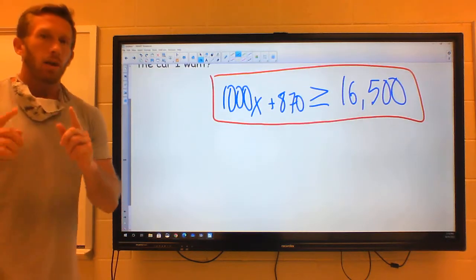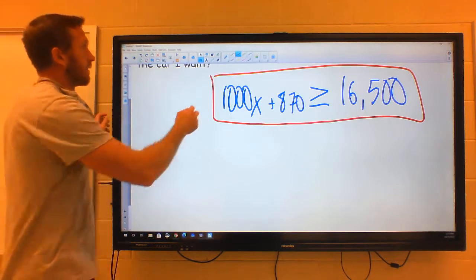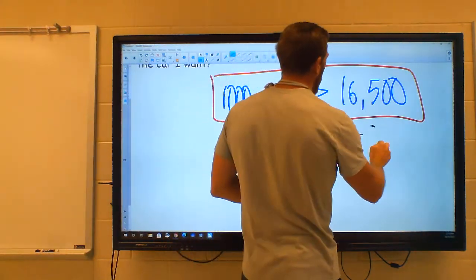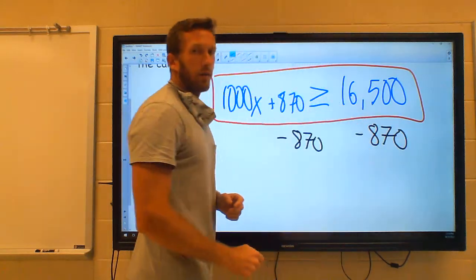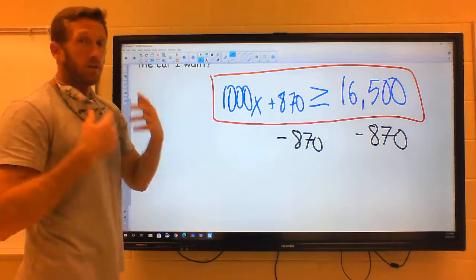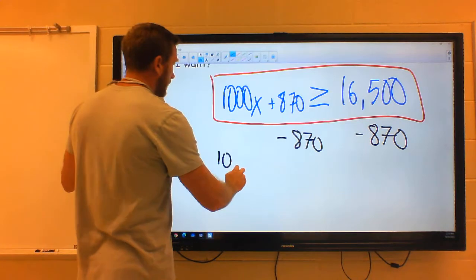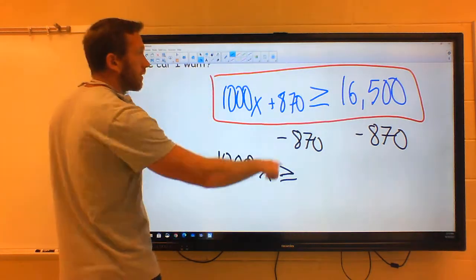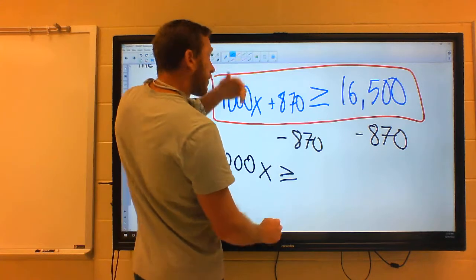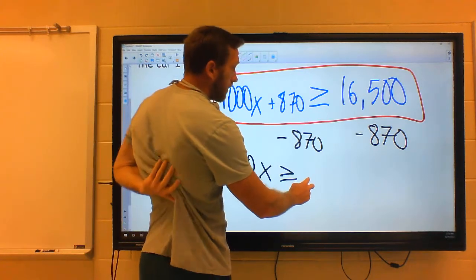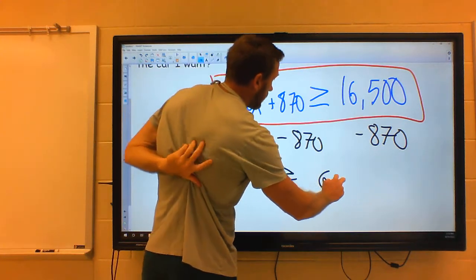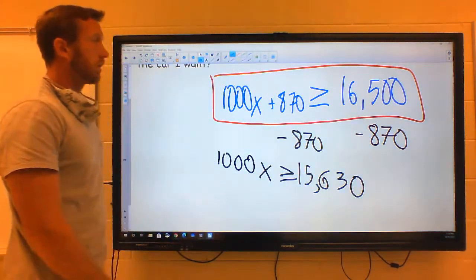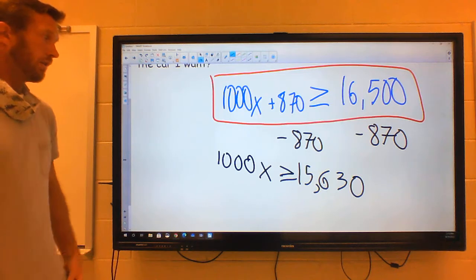Now we can go ahead and solve this. Okay? How would we solve it? Subtract 870. Oh no, I have not done this yet, and I don't have the answer in my head. 1000x is greater than or equal to, was that 370 more than that? So $15,630.